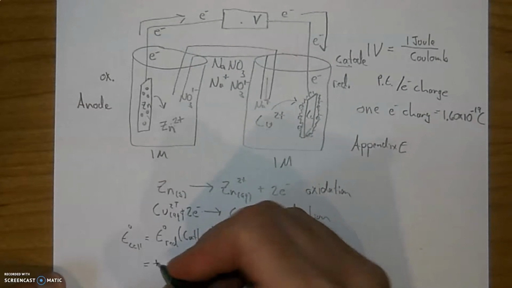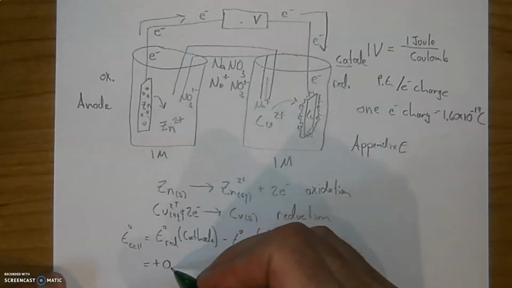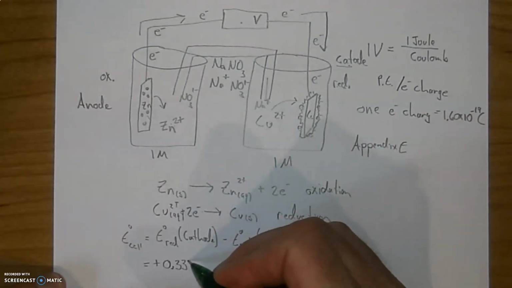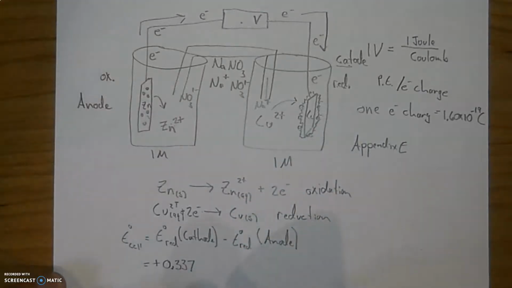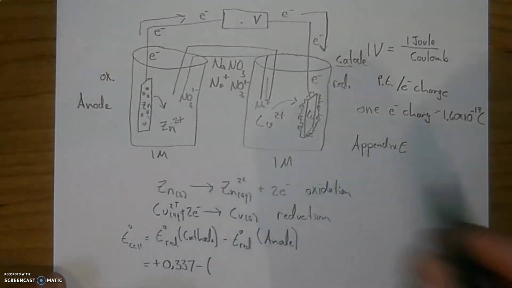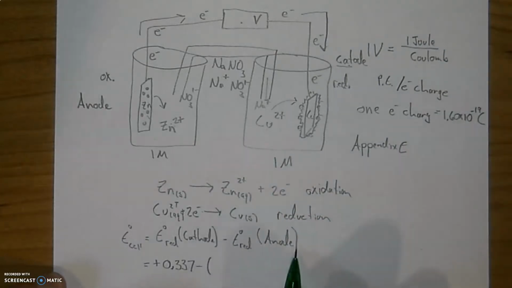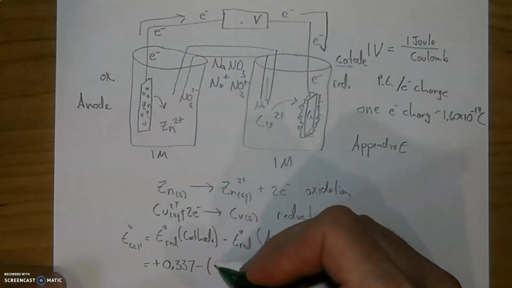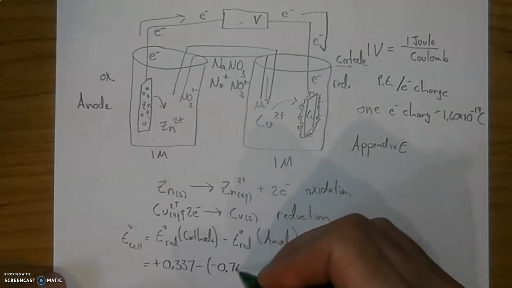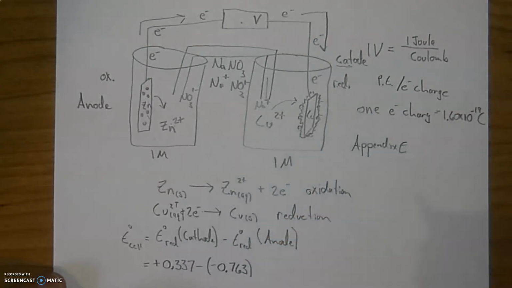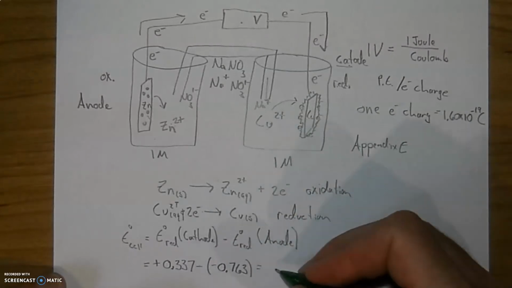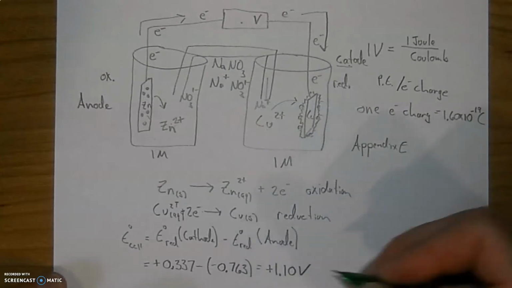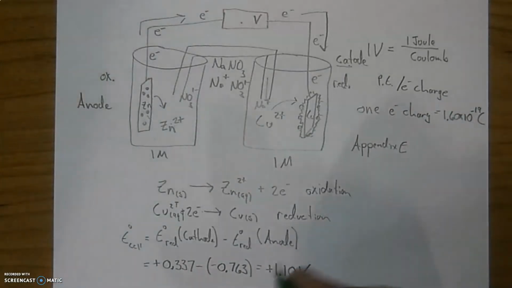When I look in the book, I will see that copper's value is 0.337, and it's positive. And I will subtract the reduction potential value that I find for the anode, which is zinc. When I look that up in the back of the book, Appendix E, I will see this value. And of course, when I do the math, you will get a value of 1.10 total volts, a positive value.